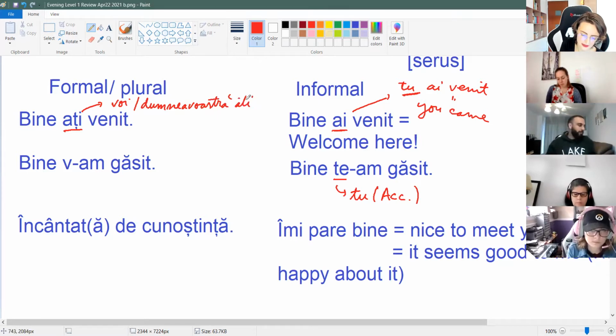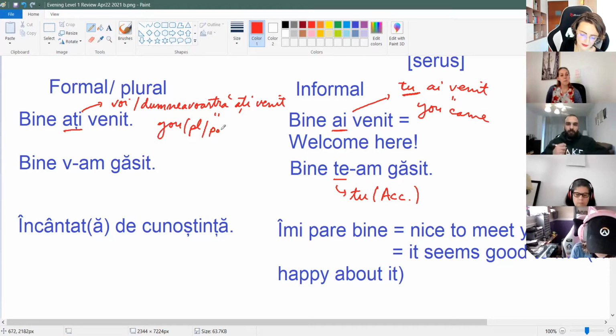"Dumneavoastră ați venit", which means you, either plural or polite, came. So that's the difference. And "v-am" comes from "voi", or again "dumneavoastră".